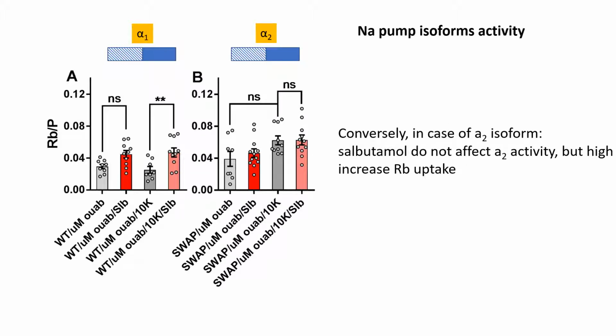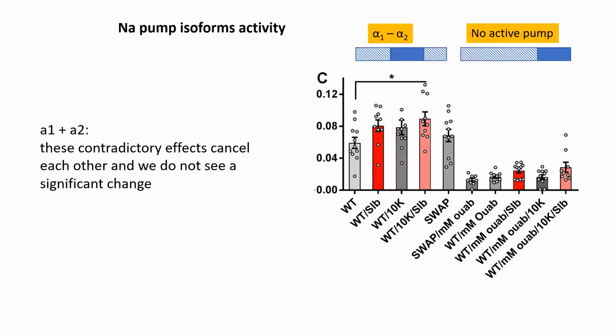Conversely, in the case of the alpha 2 isoform, salbutamol does not affect alpha 2 activity, but high extracellular potassium does increase rubidium uptake. Then we have alpha 1 and alpha 2 together. These contradictory effects probably cancel each other, and that's why we don't see any significant change.